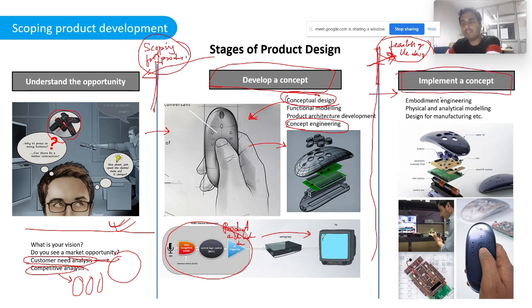Basically, in the implementation phase, we go for detailed embodiment engineering. We do all sorts of engineering detailing, PCB designing, interfaces design, and we go for user testing to arrive at finally the product. After that, we go for product launch.